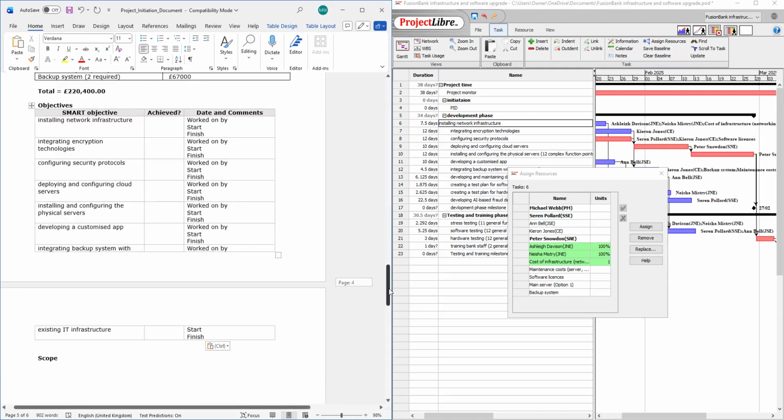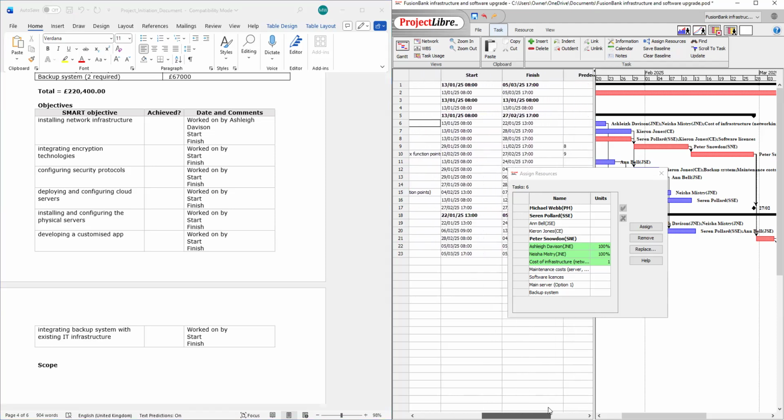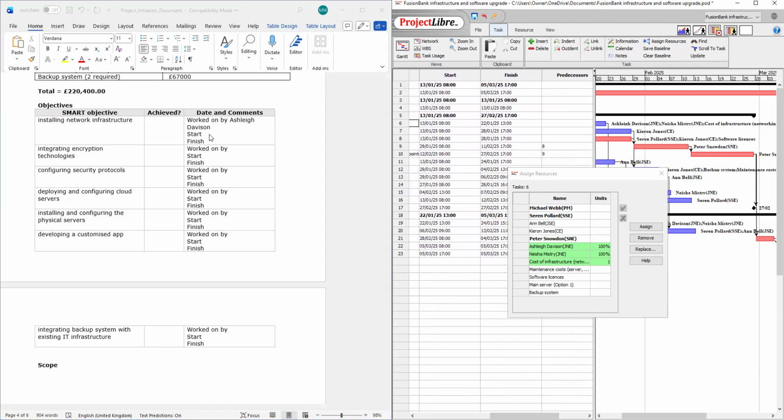All right, so look at what I'm going to do now. I'm going to just put Ashley Davidson, worked on by Ashley Davidson. And one of the things you can do here is it's highlighted. So it's 13/1/25, it's a start date.